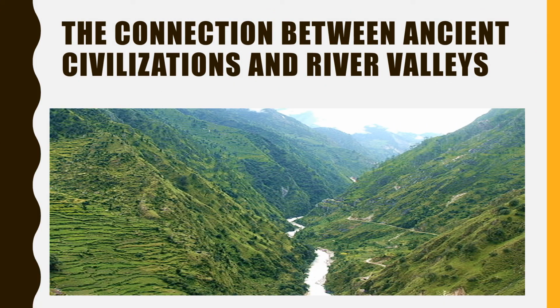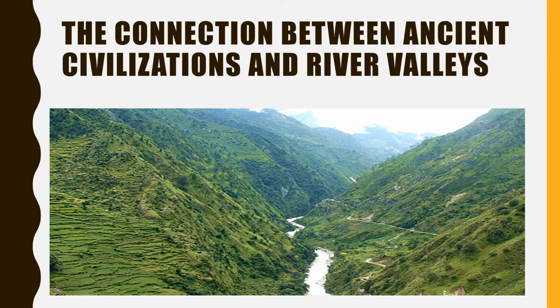Let us now take a close look at what was actually the connection between ancient civilizations and river valleys. What does a river supply? Water, which can be used for farming and domestic purposes.